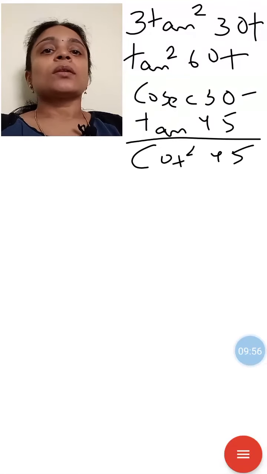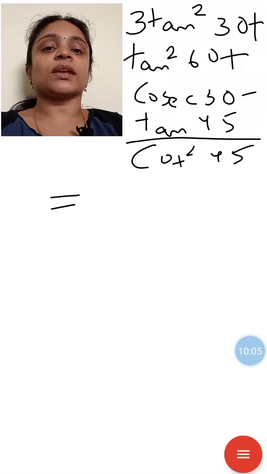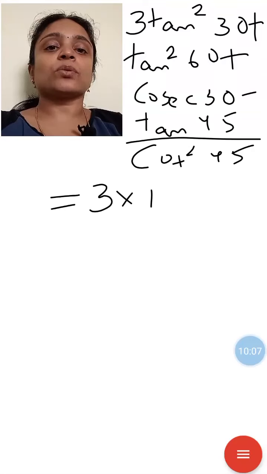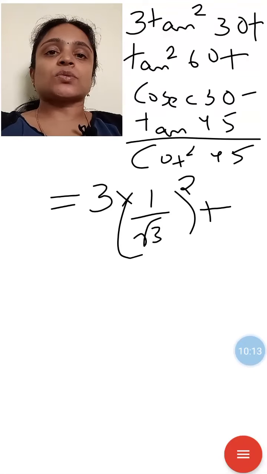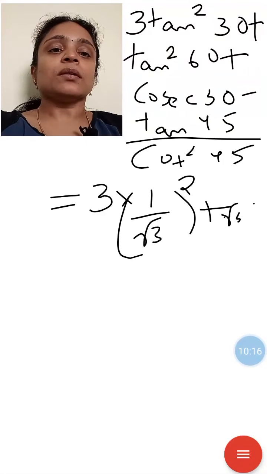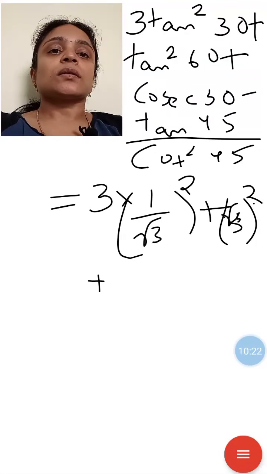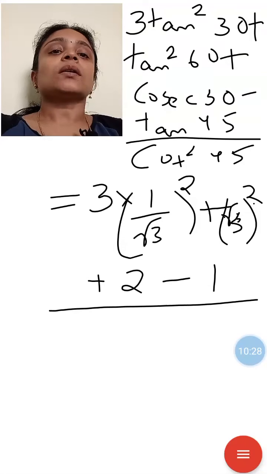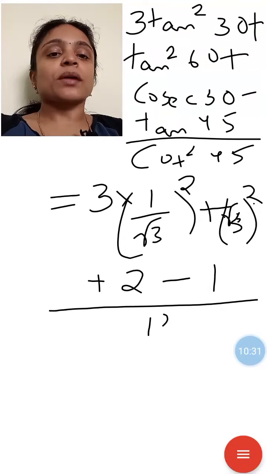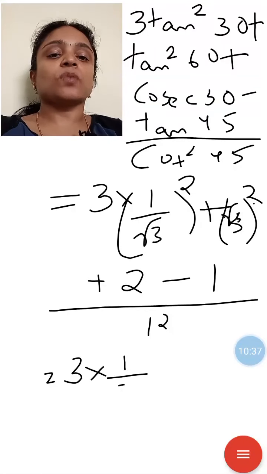So, we can write 3 tan square 30 plus tan square 60 plus cosec 30 minus tan 45 by cot square 45 equal to 3 into 1 by root 3 the whole square plus root 3 the whole square plus 2 minus 1, by 1 square. 3 into 1 by root 3 the whole square is 3 into 1 by 3, which is 1.